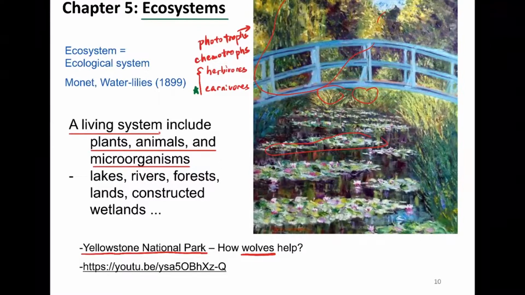It caused the degradation of the soil quality and the grassland. I think in the 1970s, they reintroduced the wolves into the national park, and you can see how the park was restored to its original state. So here I have a short video. It's just about 4 minutes long, so maybe we can go over it here.